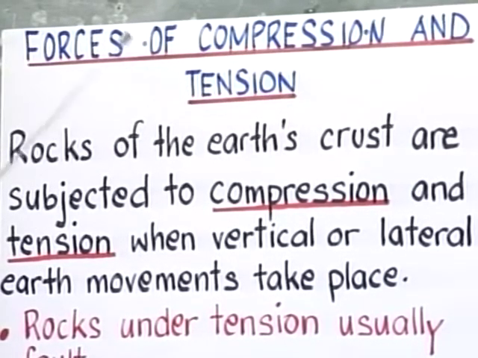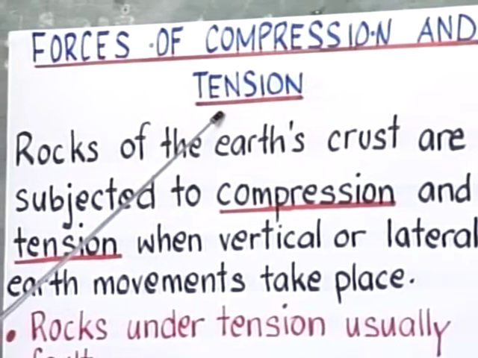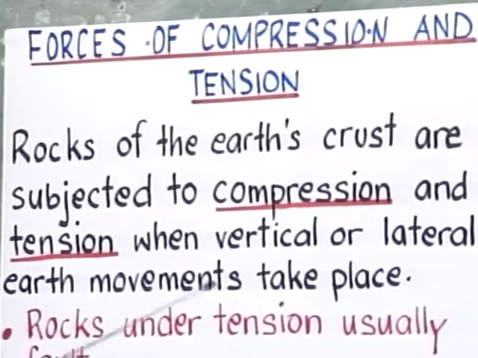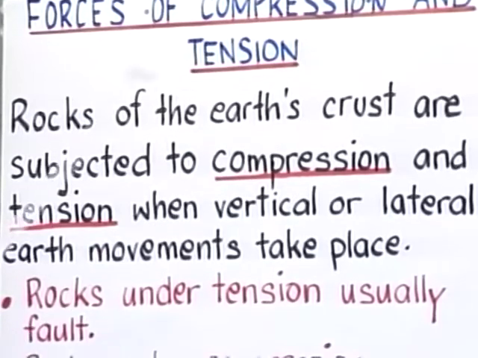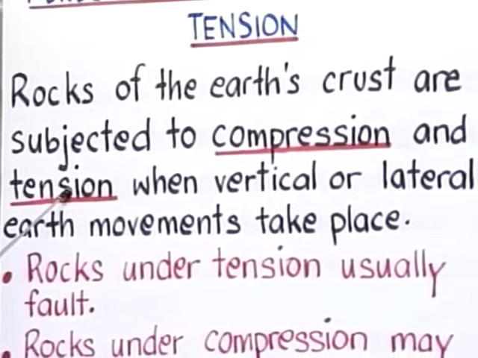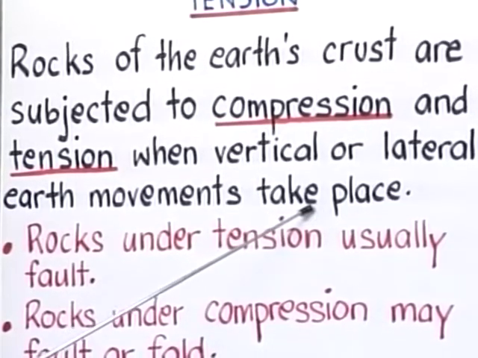When we look at the work on faulting, that's when tension will come in, and from the information here, we would now note that rocks of the Earth's crust are actually subjected to compression and tension when vertical or lateral earth movements actually take place.